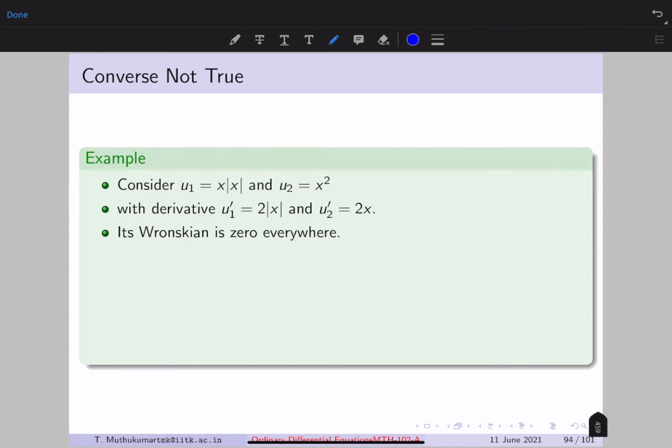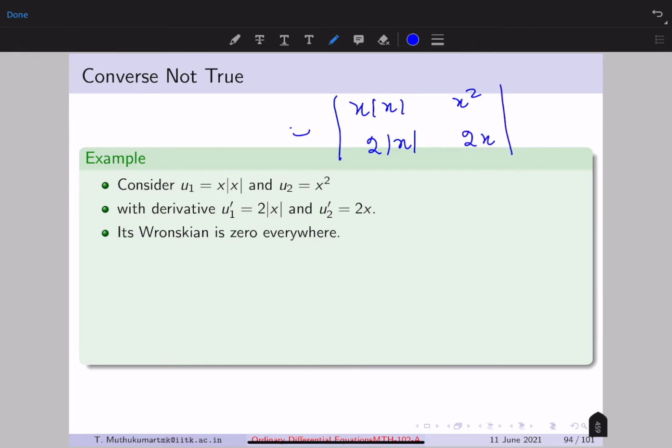Now its Wronskian is 0 everywhere, right? How do you check that? What is the Wronskian? x mod x and x square, 2 mod x and 2x.